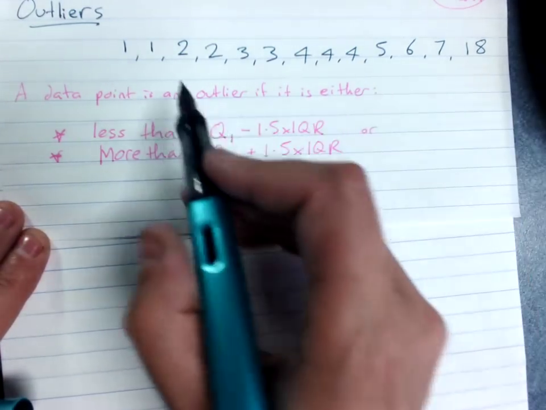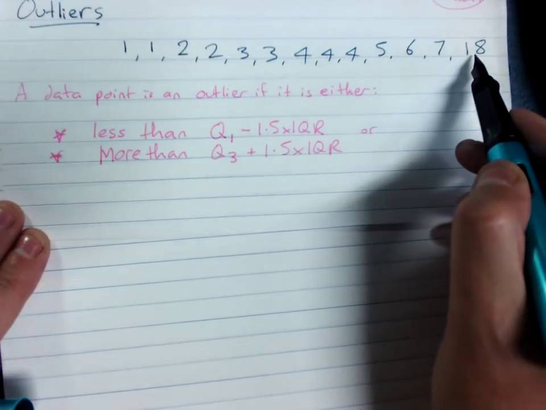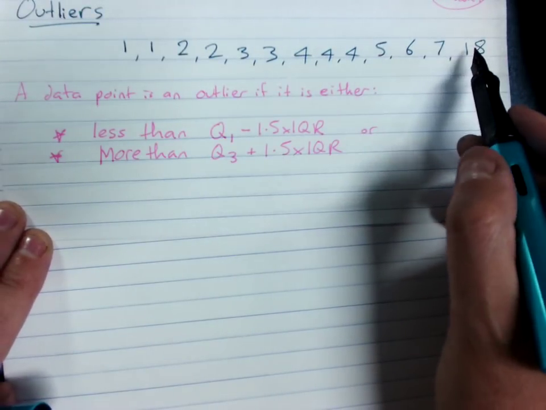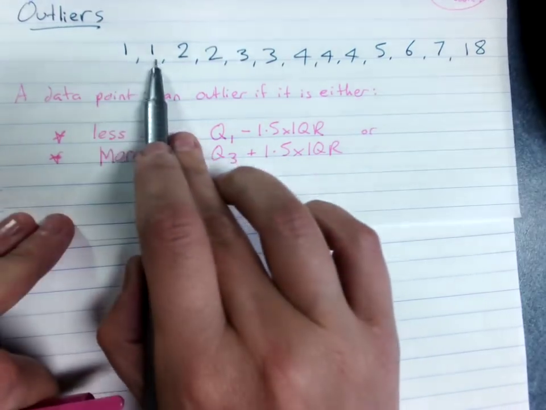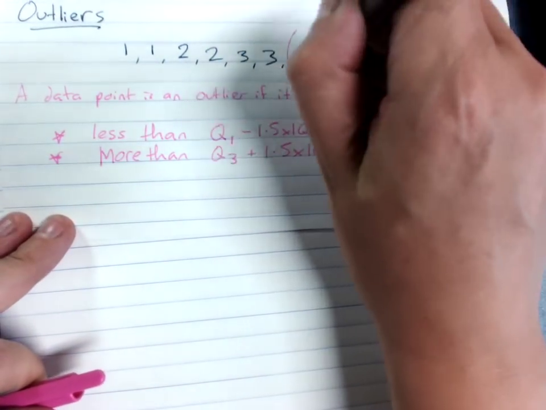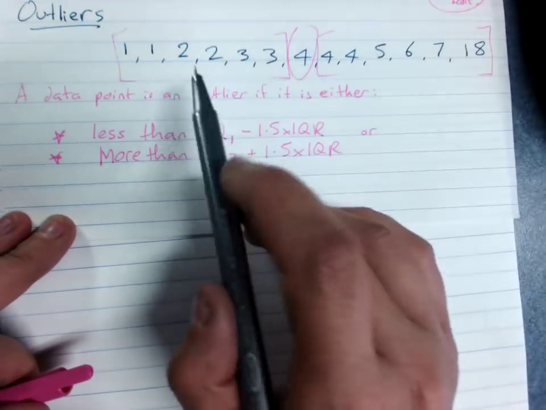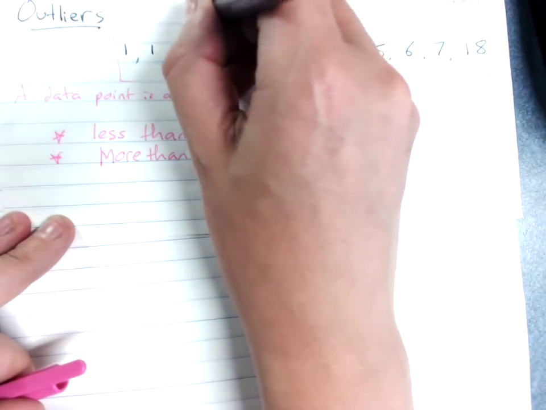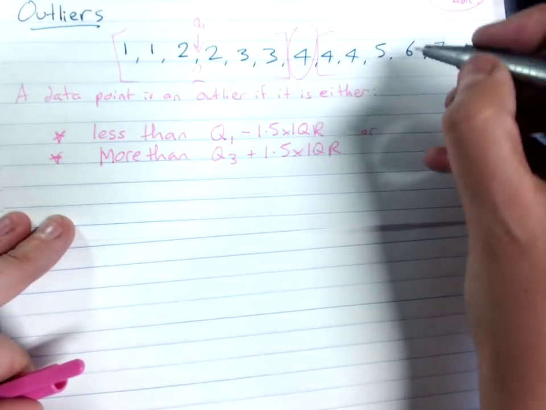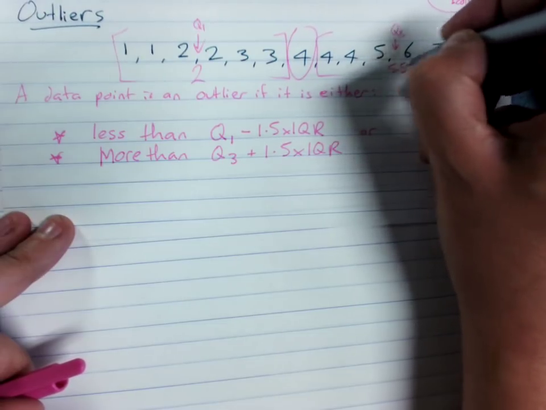So we need to find our quartiles. 13 data points, which means my 7th data point is my median. Exclude the median from my sets here. So my quartiles are now 6, Q1 is 2, and Q3 is 5.5.